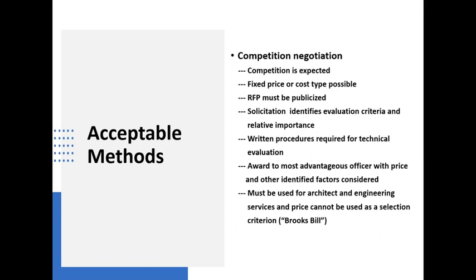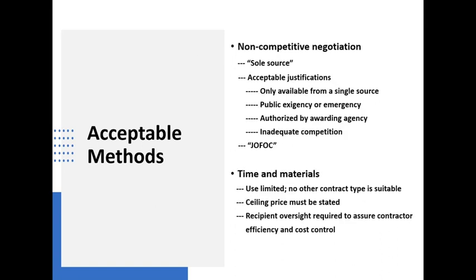Now, slide number 9 captures the fifth method of purchasing, non-competitive negotiation, also known as sole source. Now, OMB made sole source much more difficult with the requirements that came along in 2014. And what it basically established was that there are four justifications for sole source.